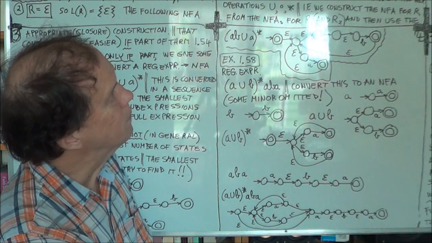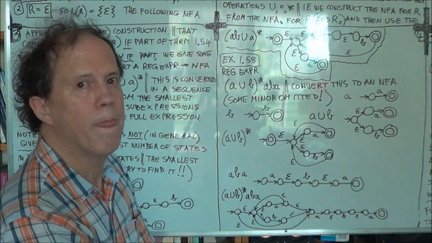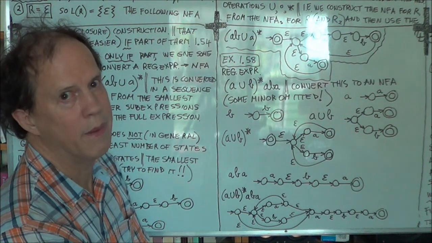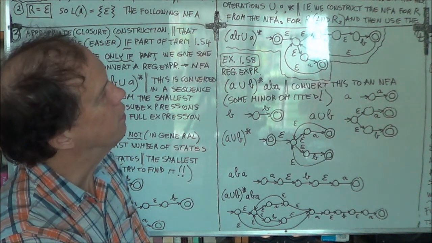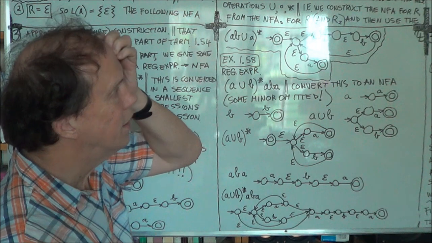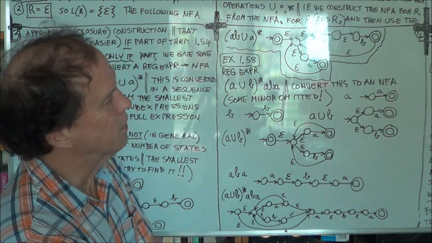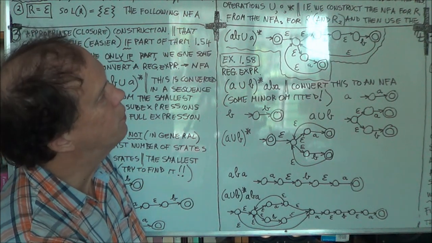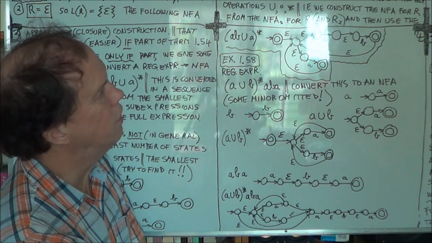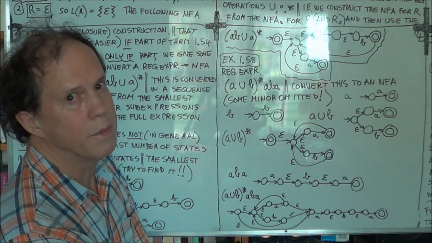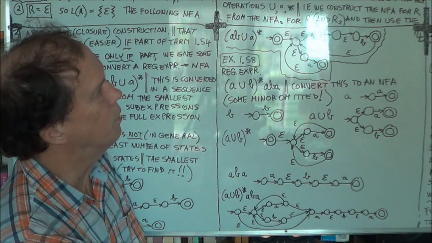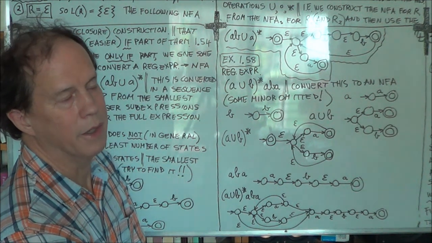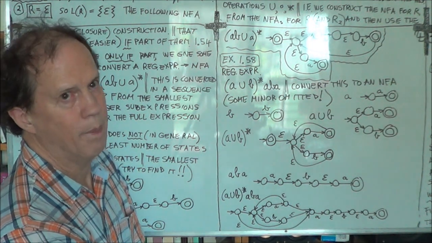Now, the second part, the only if part, Sipser calls Lemma 1.60, and that'll be the topic of the next couple of sessions. And it's harder, right? To prove it, we introduce a new concept that I was mentioning in the first session, called the generalized non-deterministic finite automata, a GNFA.